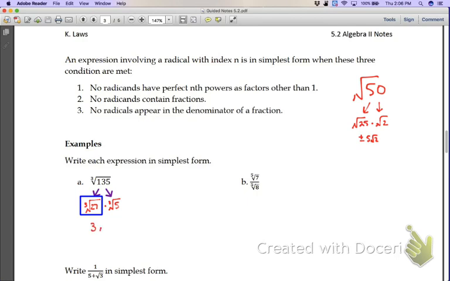So I'm going to have 3 times the cube root of 5. There's only one answer because it's cubed. Nothing's changing. We're still doing everything the same way.